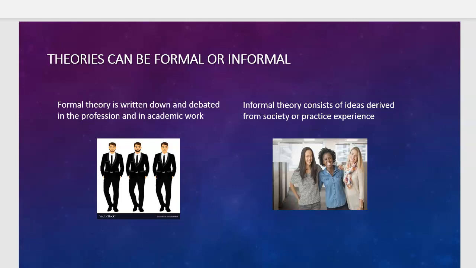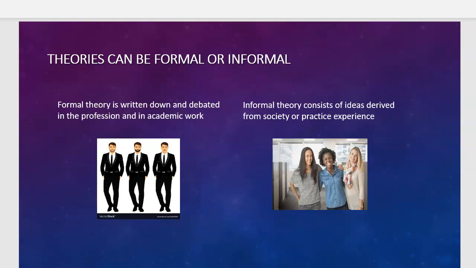So they're theories that largely have developed through the efforts of white men, and furthermore, through the efforts of middle-class, highly educated white men. So we need to be able to use our critical thinking skills. Are these theories applicable to our populations? Are these theories applicable to the types of needs that we encounter in our practice?